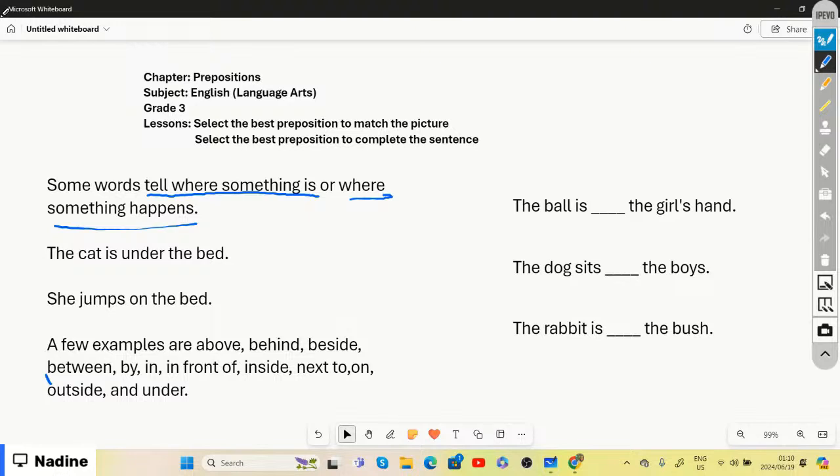We need to identify where the cat is. And if we have to identify where the cat is, we're going to underline the preposition. Then we say the cat is under the bed. Remember, only under.